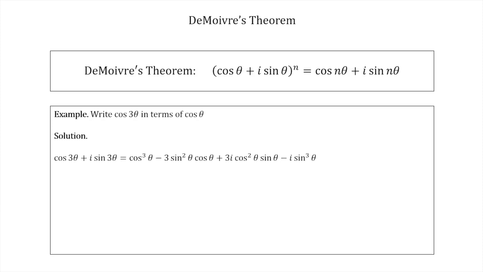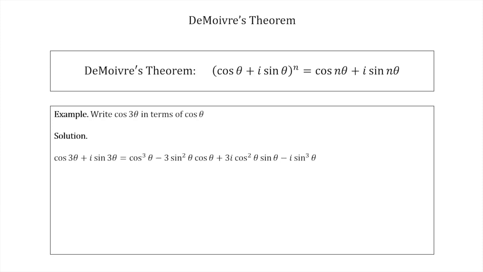What can we do now? Well, we can equate real parts and imaginary parts. The thing on the left has a real part and an imaginary part, and so does the thing on the right. And if they're equal, that means the real part must equal the real part and the imaginary part must equal the imaginary part. But we can ignore the imaginary part because we're concerned with cos 3 theta, which exists on the left in the real part.